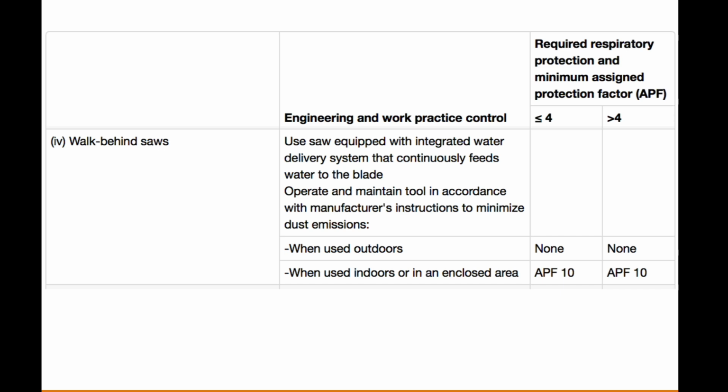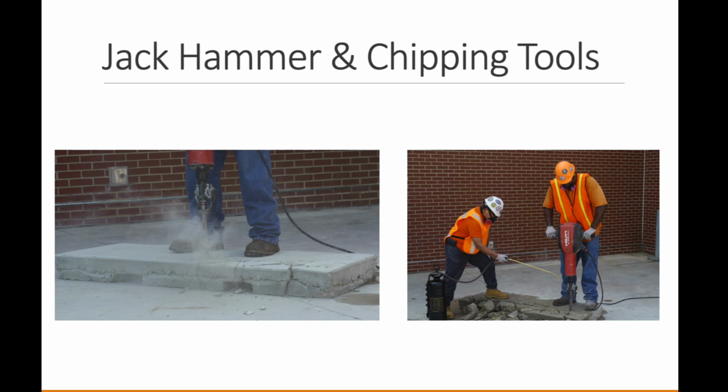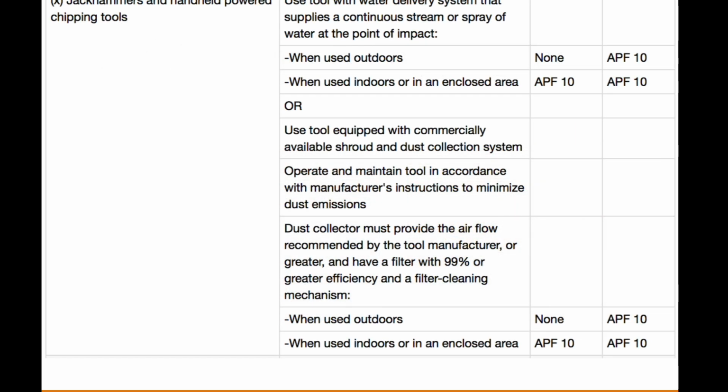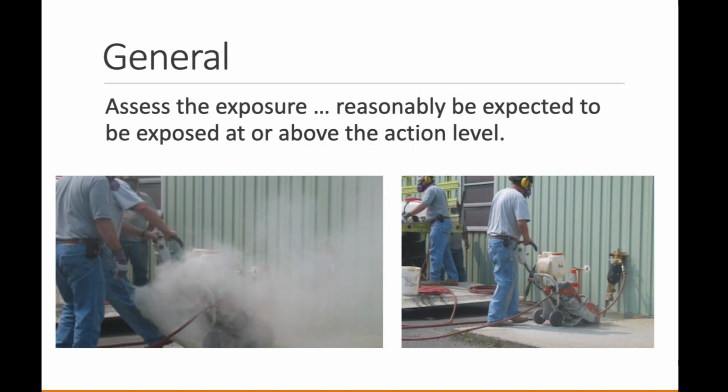In most cases, we can apply a wet method. Where those are not available, we have to look at other options and only as a last resort are we going to be able to use respirators to protect us. Remember, engineering controls must be in place.